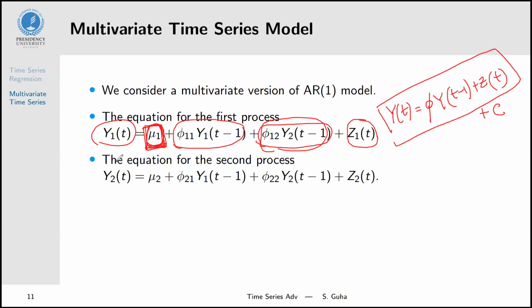Now similarly, we also have an exactly similar looking equation for the second variable. Here, just like the previous one where we had a constant level mu1, now we have a constant level mu2. Note that these unknown quantities, mu1 and mu2, will all be parameters of our model, and we have to use statistical methods to estimate these unknown parameters.